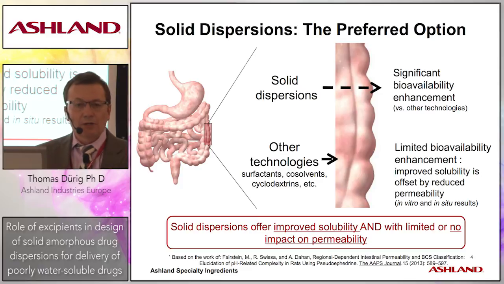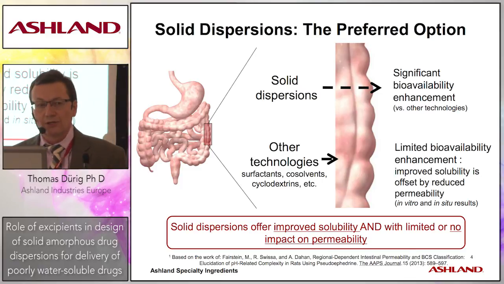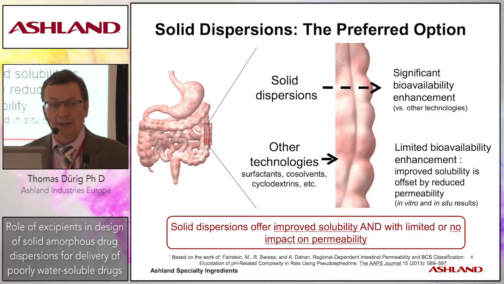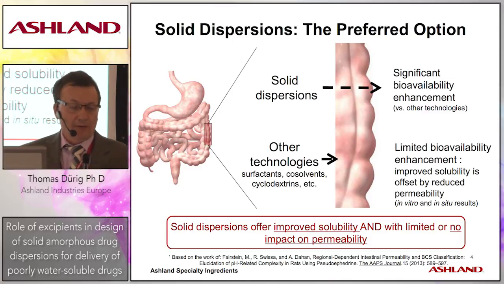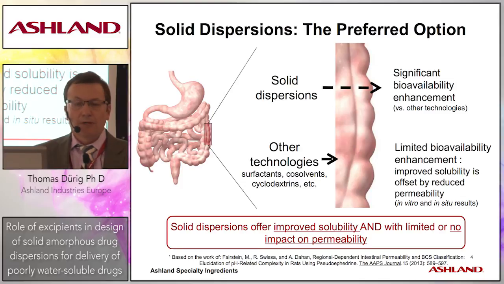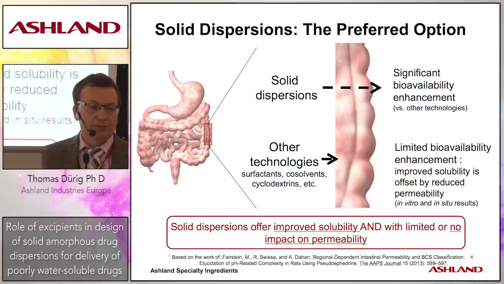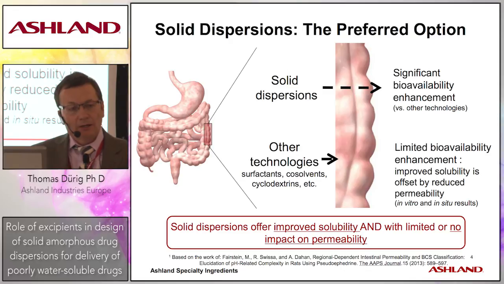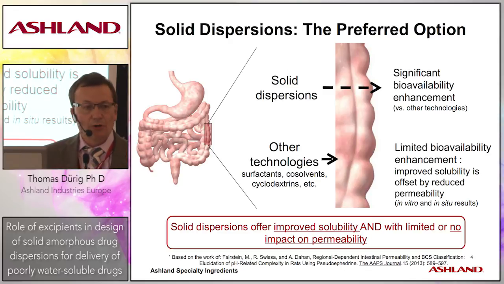So, for instance, if you include a surfactant in a formulation, it will very readily enhance the solubility of the API in the aqueous medium of the gastrointestinal tract, but the surfactant would continue to have a high affinity for the API and vice versa. So they would tend to remain associated, which will compete with partitioning into the gastrointestinal mucosa.